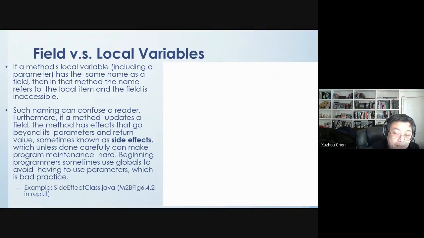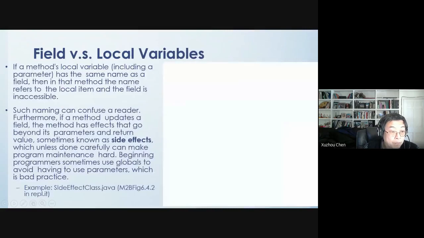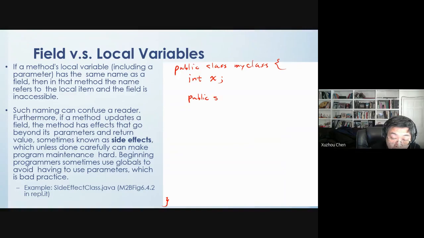For example, let's say public class MyClass. Now I declare a variable inside the class, but outside any method. Then I define a method.